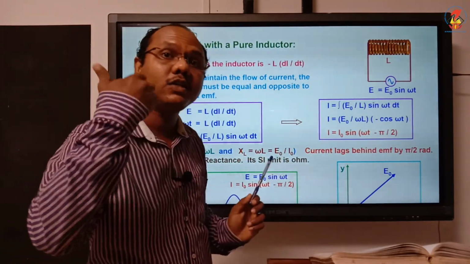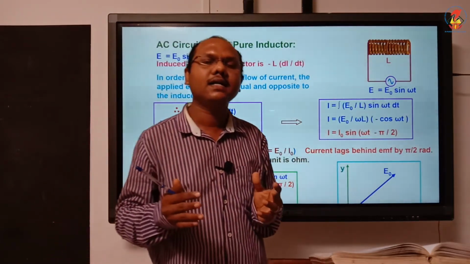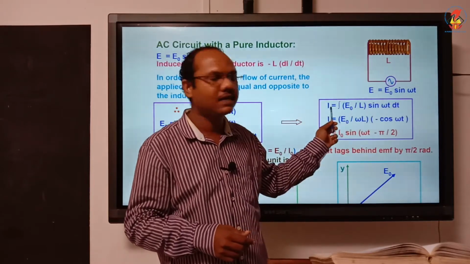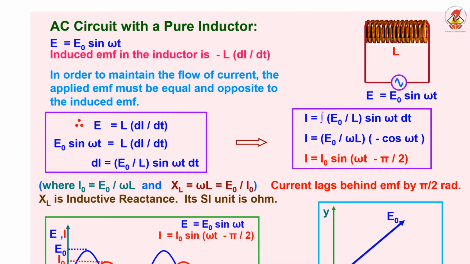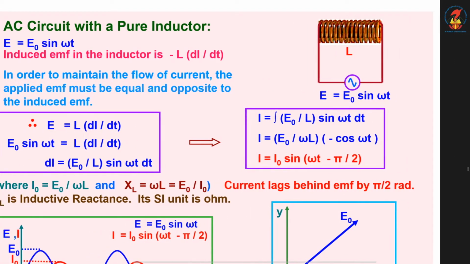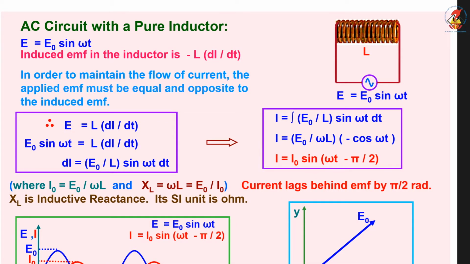So, how will we find the total current? Total current can be found by integrating. So, total current I is equal to integral E0 by L sin omega t dt. E0 by L is constant. I can take E0 by L outside, and integral sin omega t is minus cos omega t divided by omega. I will write it here.